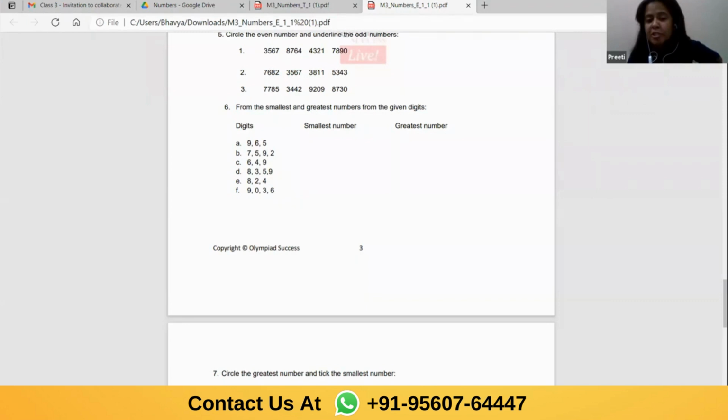Are you talking about digits 9, 0, 3 and 6? Yes, ma'am. The smallest number will be, see, if I arrange them in ascending order, what will I get? 0, 3, 6, 9? Yes, but that becomes a 3-digit number. So in order to make it a 4-digit number, it is 3069. Okay, ma'am. Thank you. You're welcome. And the greatest will be 9630.